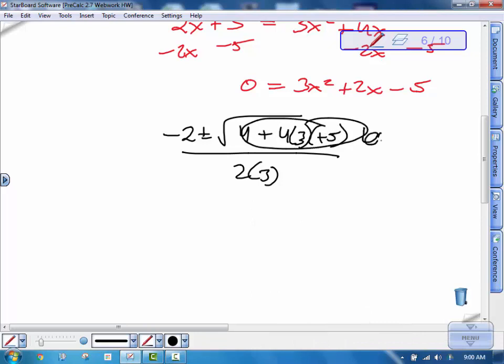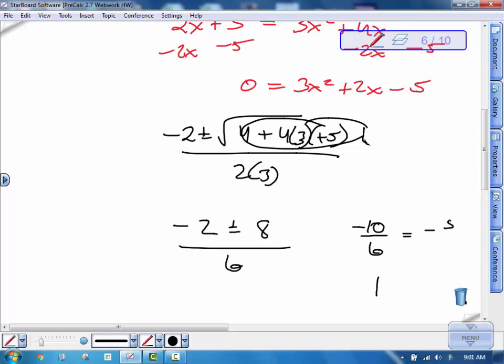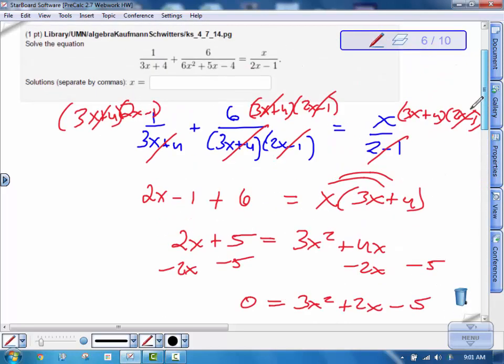And the square root of 64 is 8, so it's negative 2 minus 8 over 6, which is negative 10 over 6. It's one of our solutions. And negative 2 plus 8 is 6 over 6, so 1, and this simplifies to negative 5 over 3. So negative 5/3 and 1. And we want to try both of these.